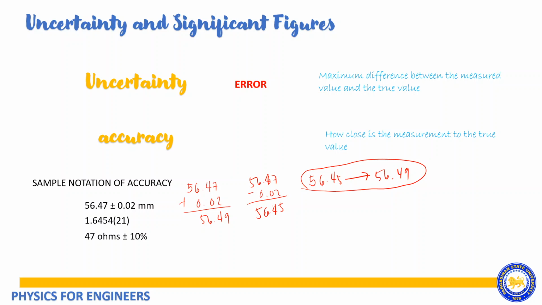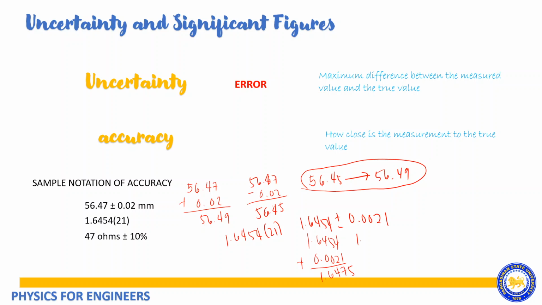Pag ganito namang notation, ang ibig sabihin yan, kung i-convert natin sa ganitong notation, 1.645421 ay equivalent sa 1.6454 plus minus 0.0021. Okay? So, para makuha natin yung true value or range niya, 1.6454 plus 0.0021, that would be 1.6475.